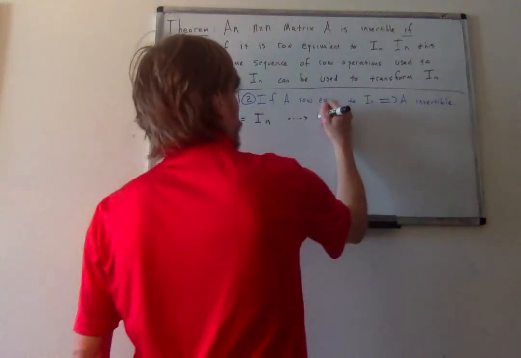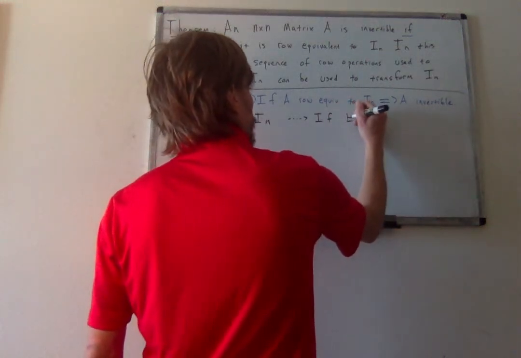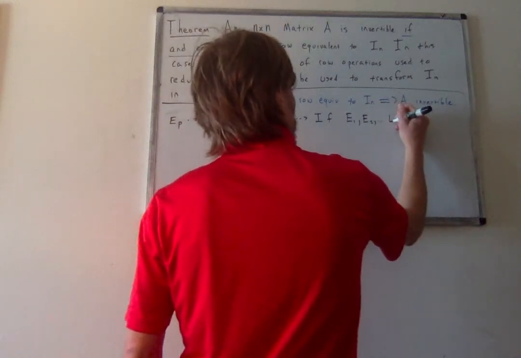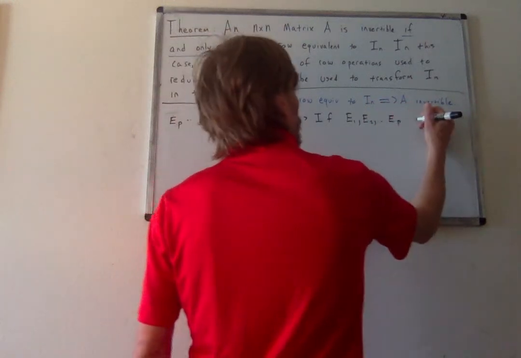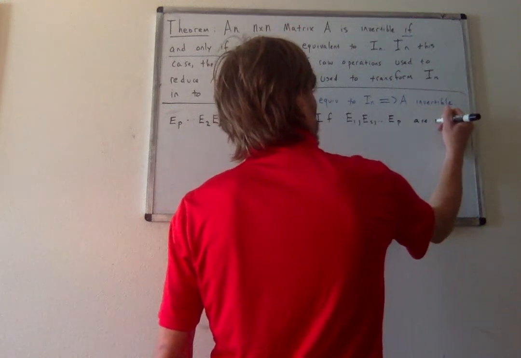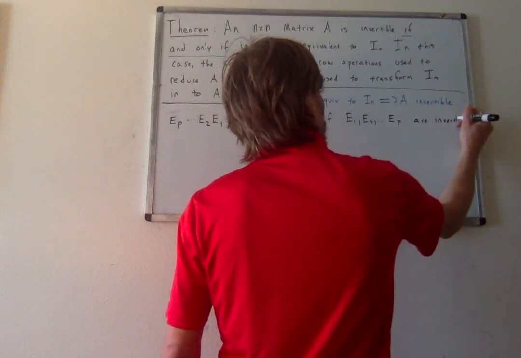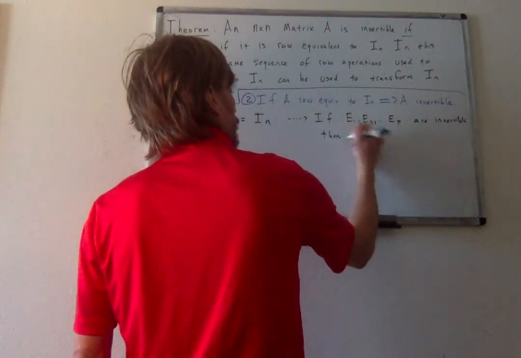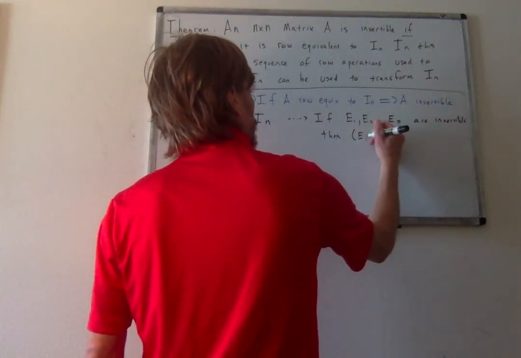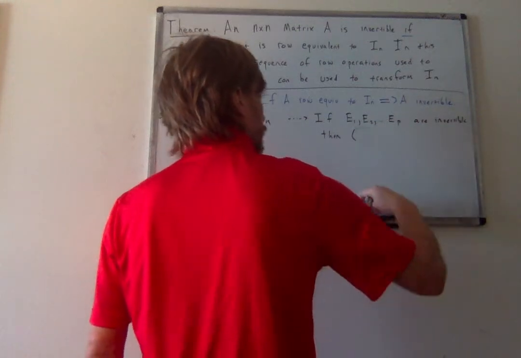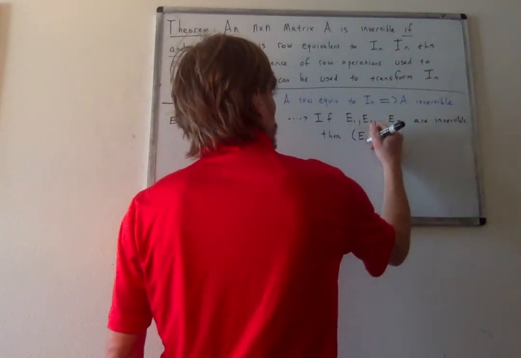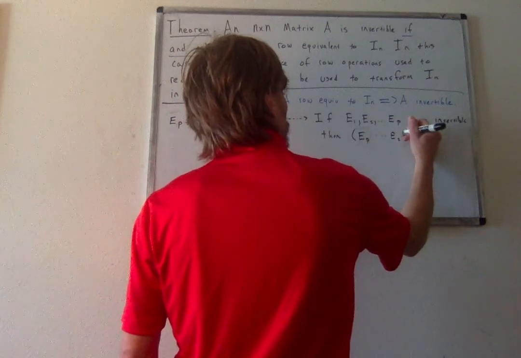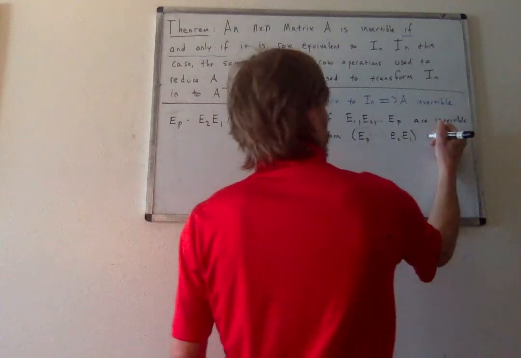If each of these matrices is invertible, then the product EP times through E2 times E1 is invertible.